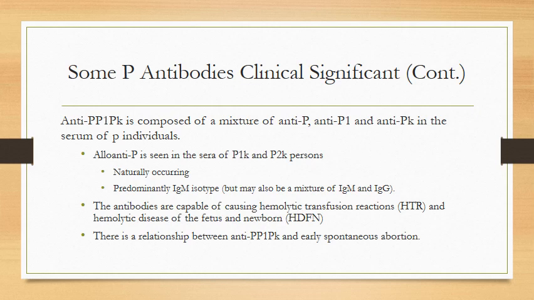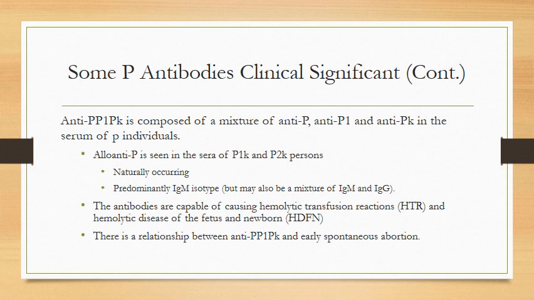Another antibody is called anti-PP1PK, which is composed of a mix of three antibodies: anti-P, anti-P1, and anti-PK in the serum of those p individuals.